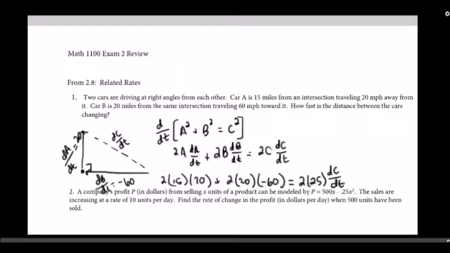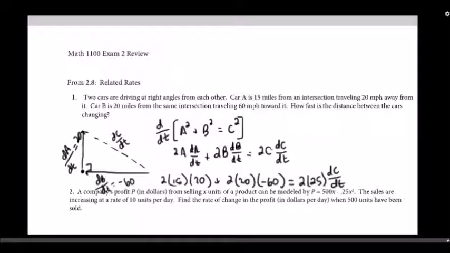And if we do the math, 2 times 15 is 30, 30 times 20 is 600. 2 times 20 is 40. 40 times negative 60 is negative 2400. Equals 2 times 25, which is 50.